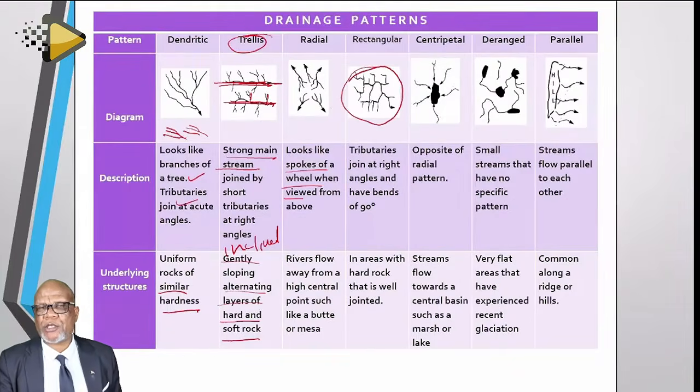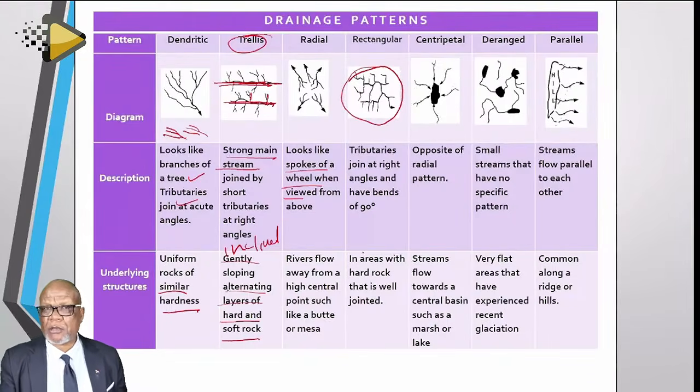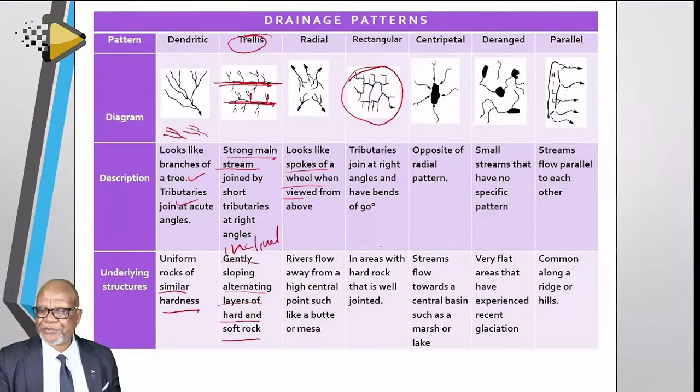With a rectangular pattern, we can see again, like we said, the mainstream has 90 degree bends, and the tributaries join the mainstream at 90 degrees as well. And we have centripetal. Centripetal is opposite to radial. The streams are flowing towards the low-lying area. Streams flow towards a central basin, such as a marsh or lake.